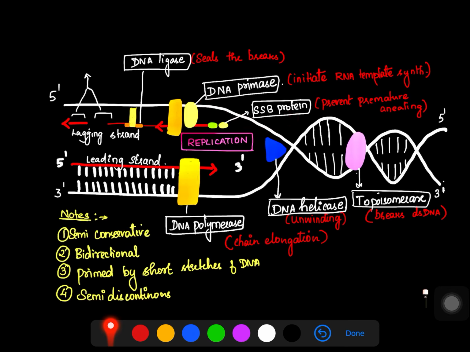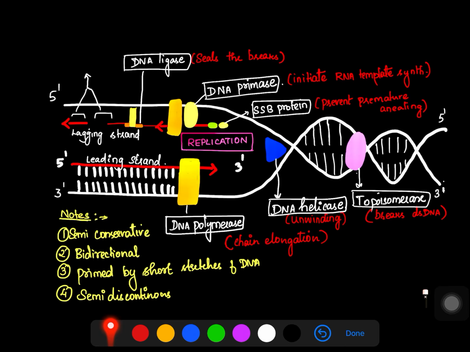That is taken care of by single stranded binding protein. The last enzyme is DNA ligase. Its function is to seal the breaks. If the strand has formed as fragments in the lagging strand, they have to be joined together finally, which is done by DNA ligase.